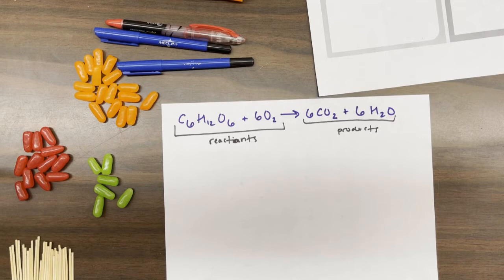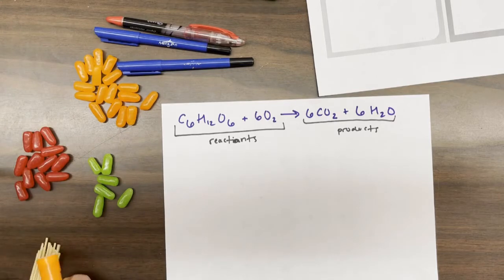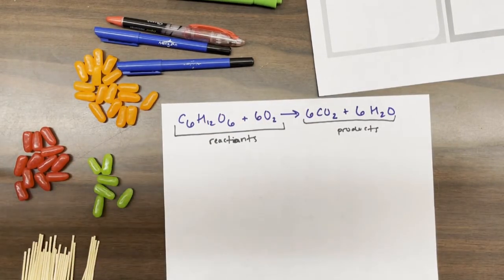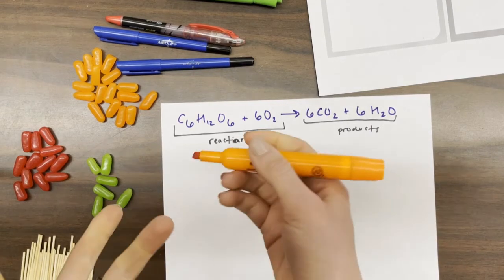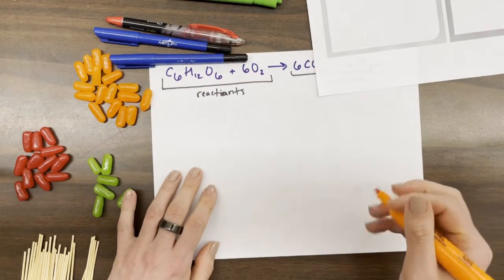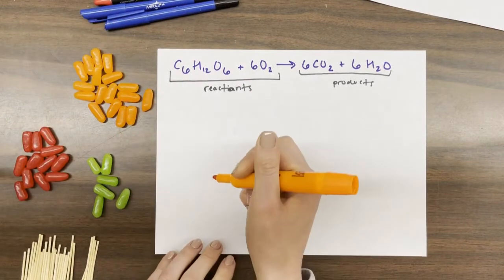All right, the first thing I'm going to do is draw these out, because I'm going to be building something with my actual Mike and Ikes, but I'm first going to start with a rough draft here.